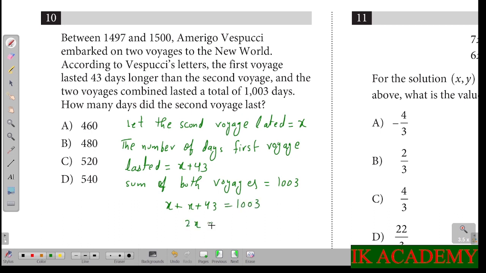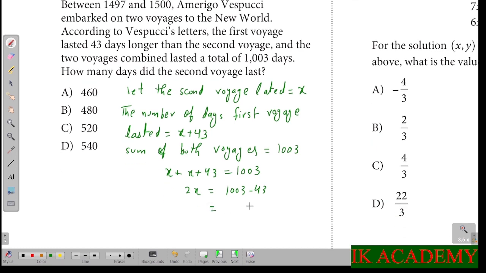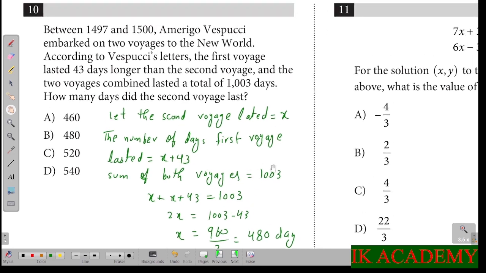So 2X is equal to 1003 minus 43. If we subtract, it will be 960. X will be 960 divided by 2, which is 480 days. So the second voyage took 480 days to complete. Let's move to the next question.